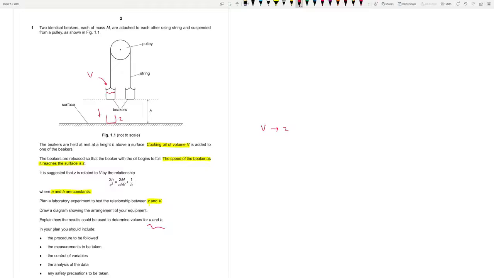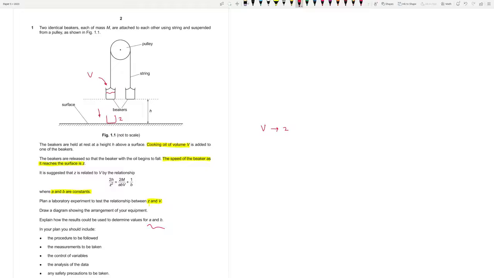Anyway, let's start with the analysis. So what is our goal here? Since Z is the dependent variable, it should be on the left hand side. So I'm going to put everything else on the right hand side, which is 2h. So 1 by z square is equal to 2m by abv into 2h plus 1 by b into 2h.